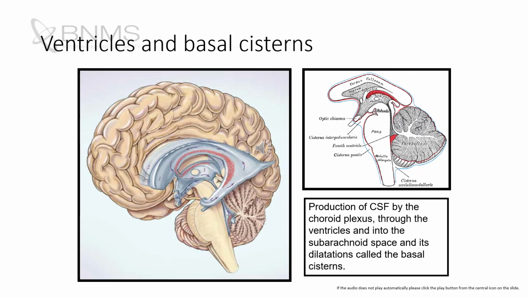We have seen some of these cisterns already, for example, the quadrigeminal plate cistern, and it is the flow of CSF from these cisterns into the subarachnoid space that is going to bathe the surface of the brain. The flow of CSF is also down into the spine.